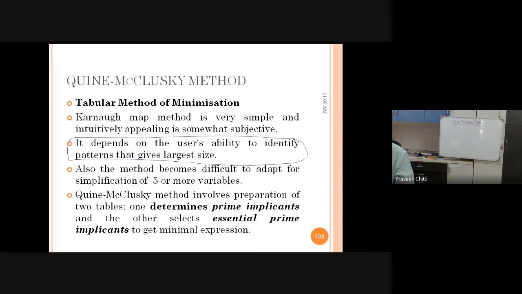Can anybody tell me what do you mean by prime implicant? Yes, Akash, what is prime implicant?